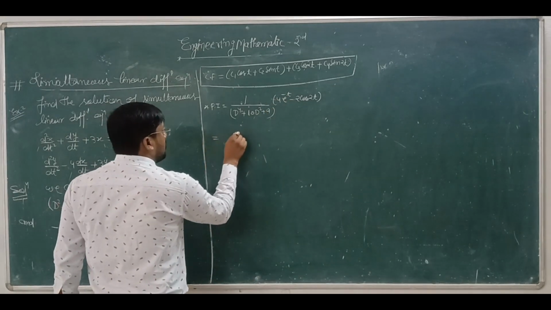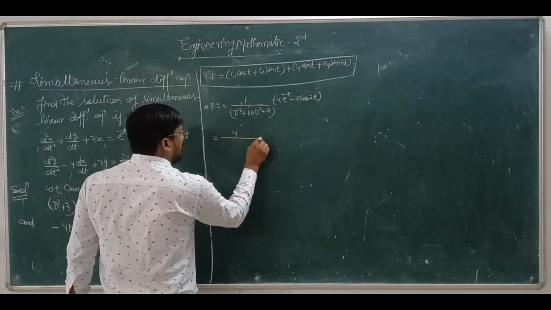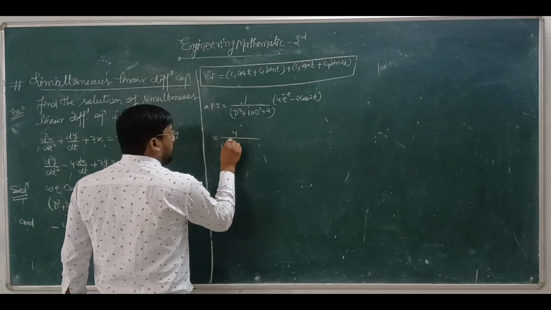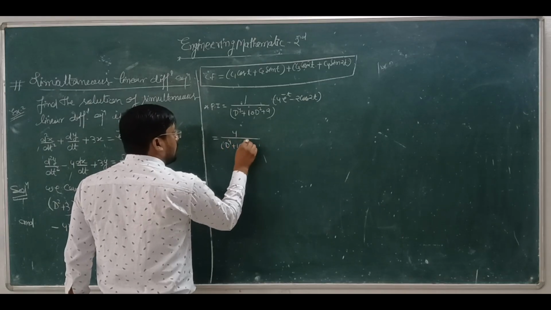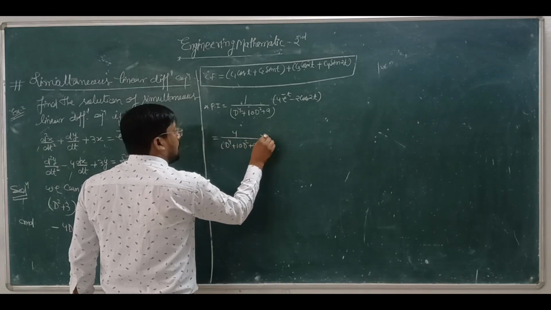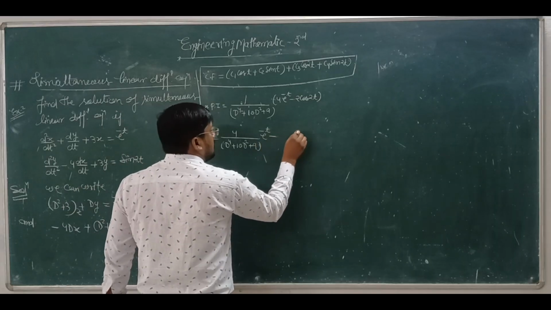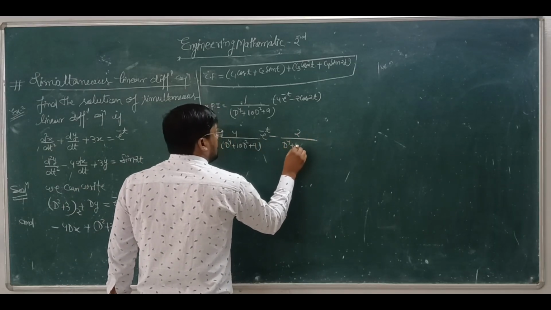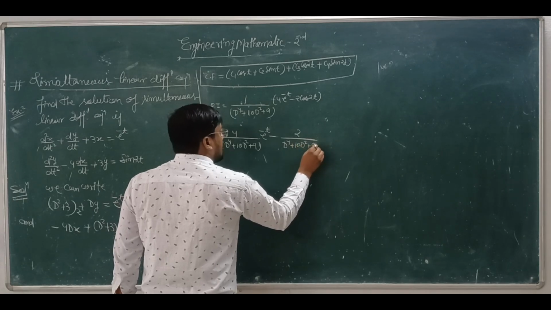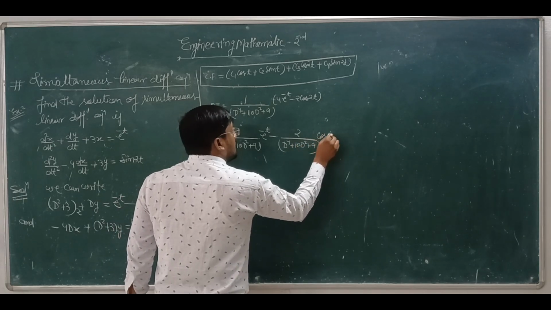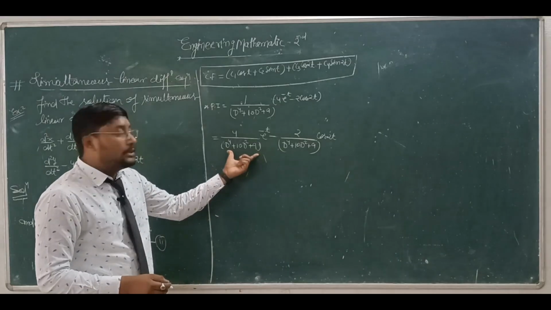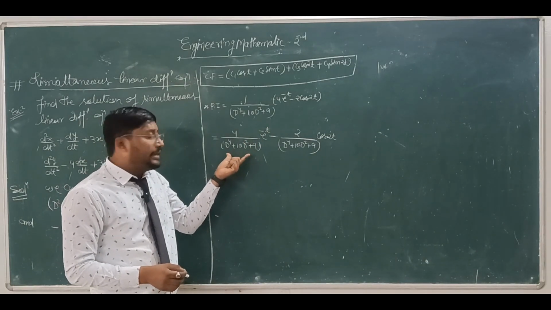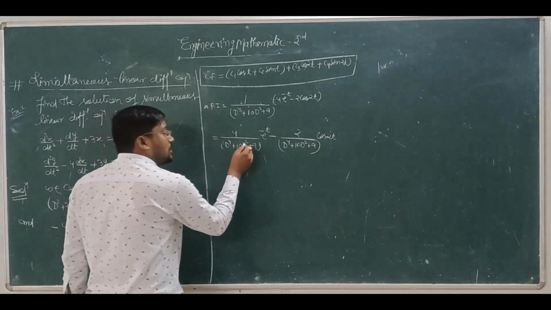Now you can write 4 upon (D^4 + 10D^2 + 9) e^(-t) minus 2 upon (D^4 + 10D^2 + 9) cos 2t. Putting the value of D = -1, this value is equal to 0. This means f(a) is equal to 0.